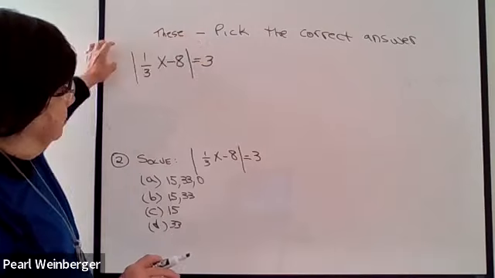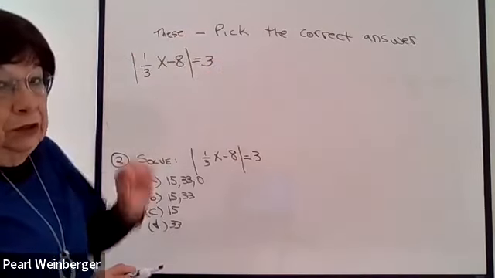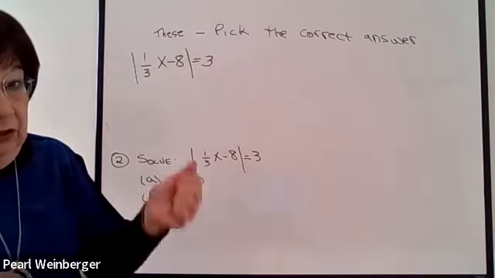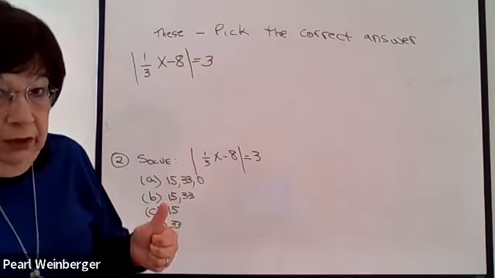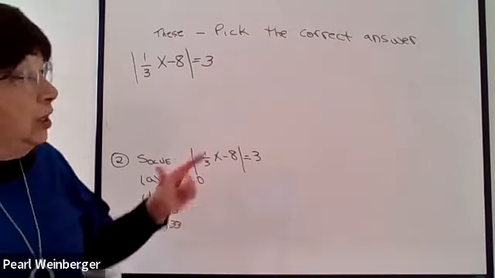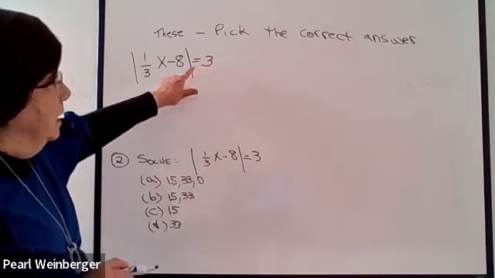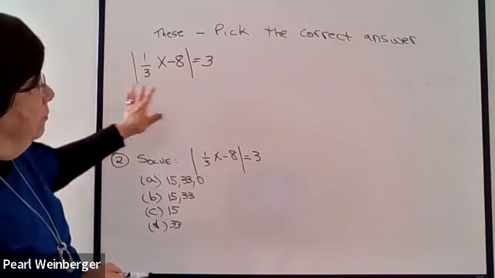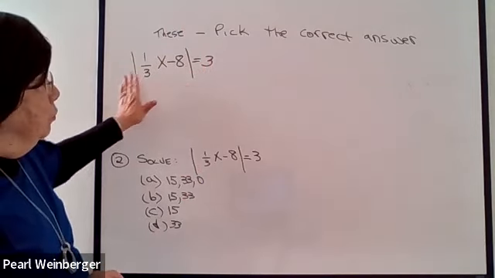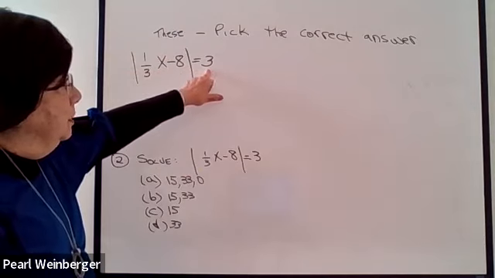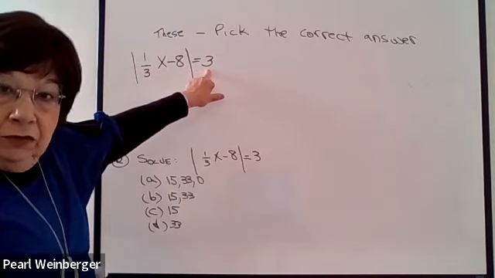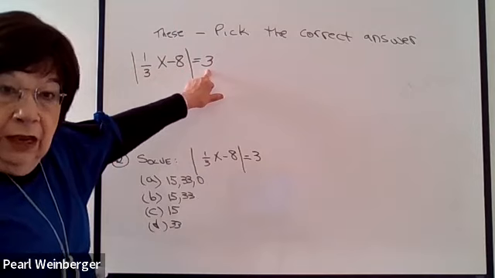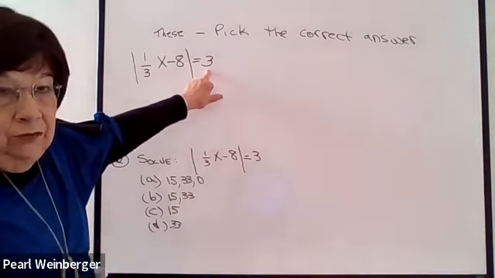There's nothing on the outside of it that we have to bring to the other side. That's check number 1. And the next thing you have to check is that once you have the absolute value isolated, the number on the other side of the equal sign has to be a positive number.